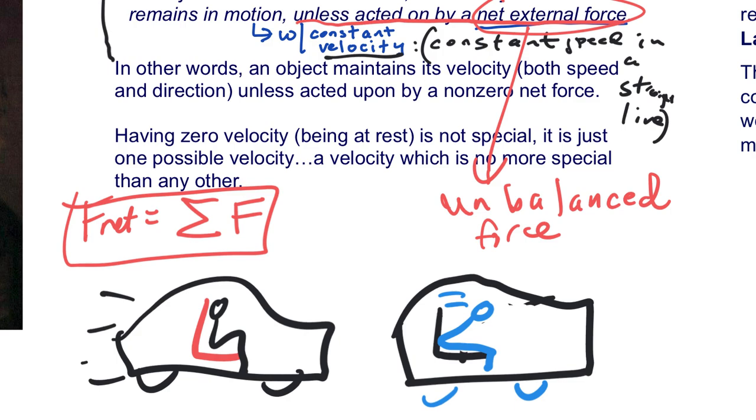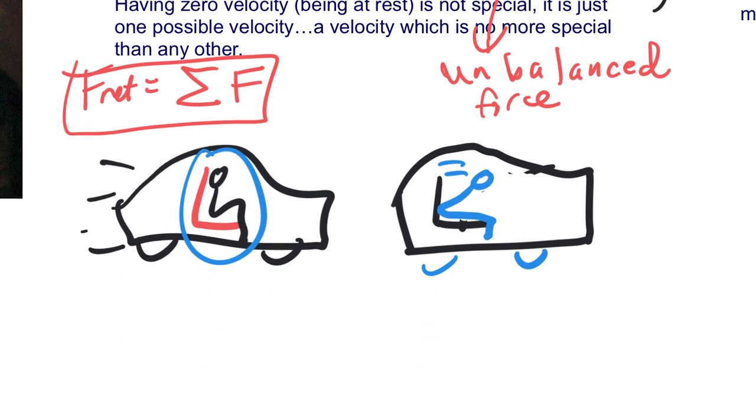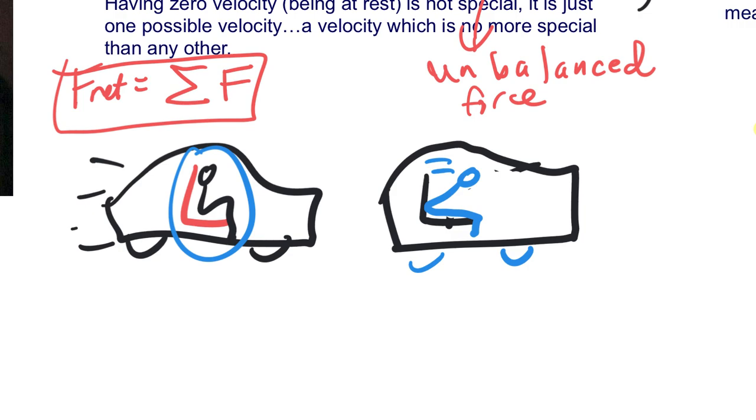When you were like this, you were part of the car, moving with the speed of the car. Car suddenly brakes, your body lurches forward because it continues to move forward. That's the reason seatbelts are so important.